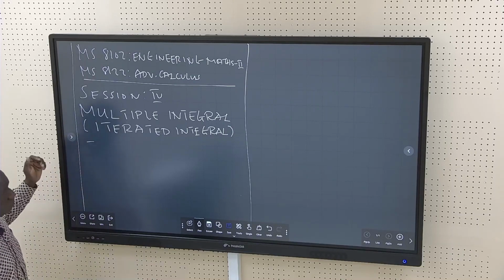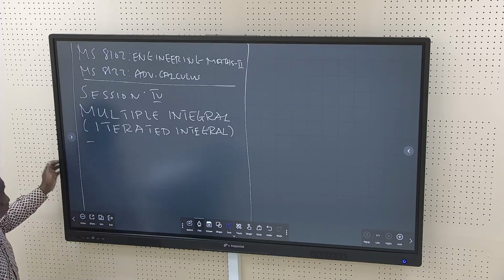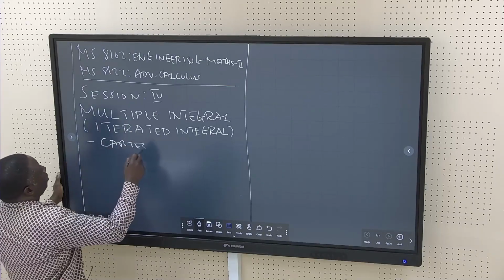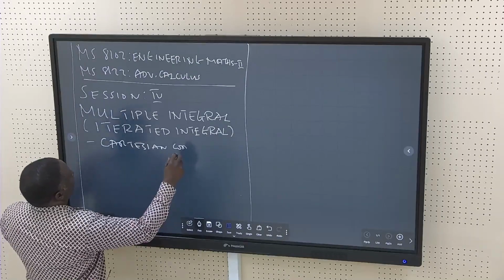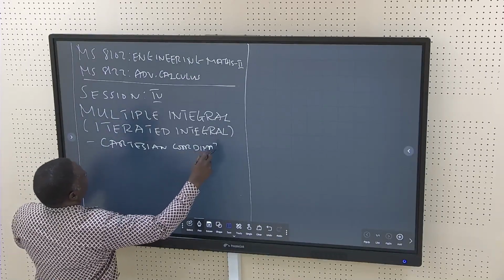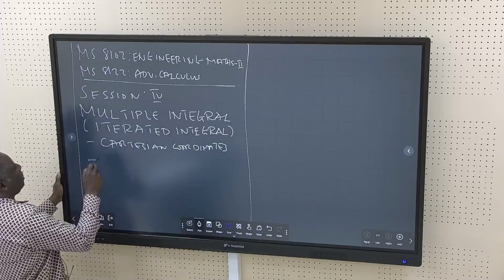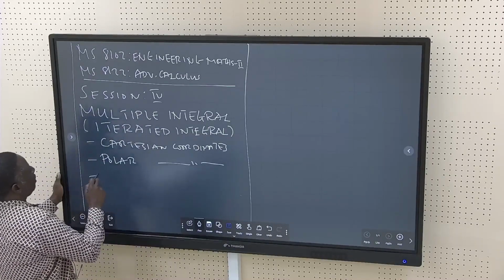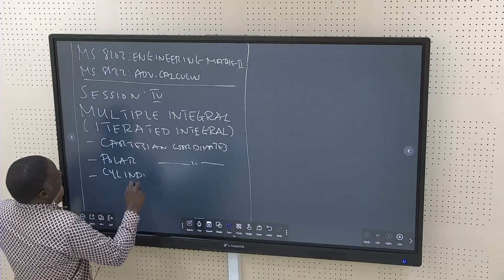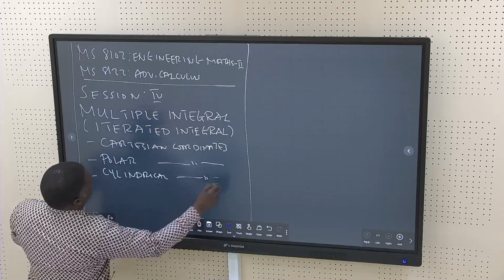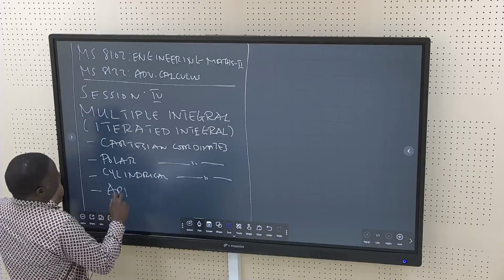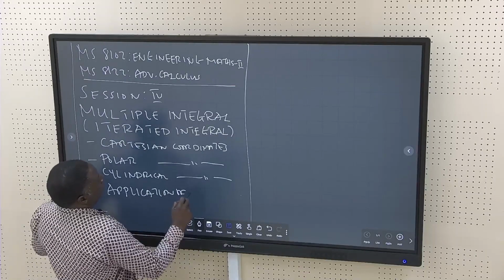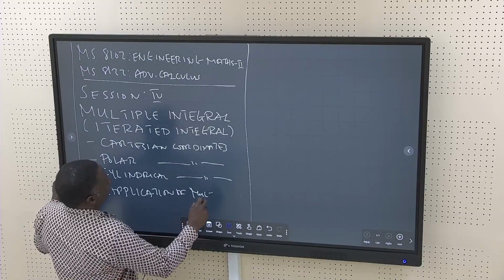In multiple integrals, we are going to see how we can evaluate multiple integrals in Cartesian coordinates, multiple integrals in polar coordinates, multiple integrals in cylindrical coordinates, and also we will see the application of iterated integrals or multiple integrals.